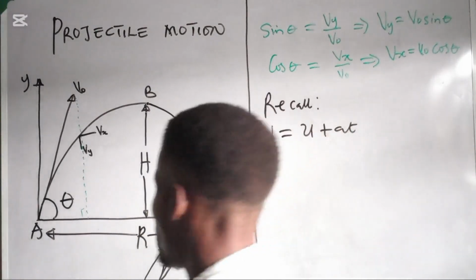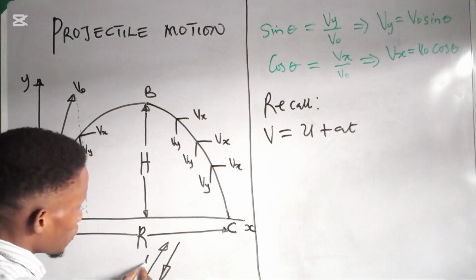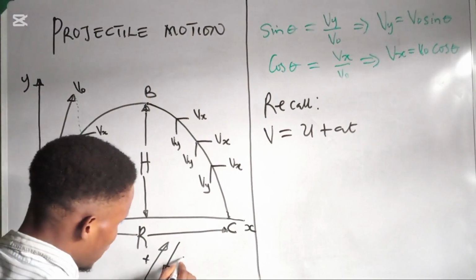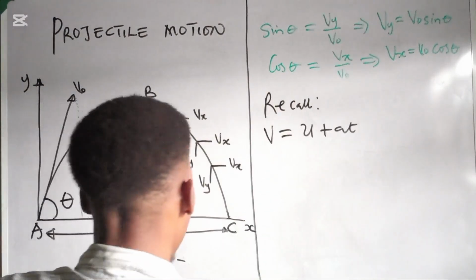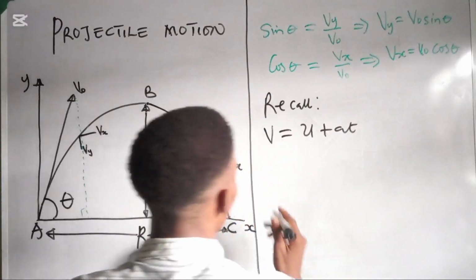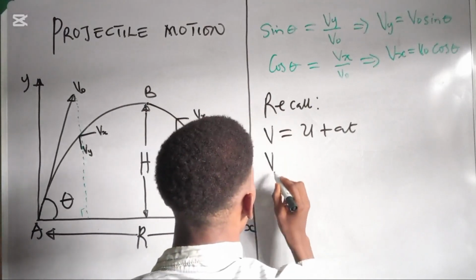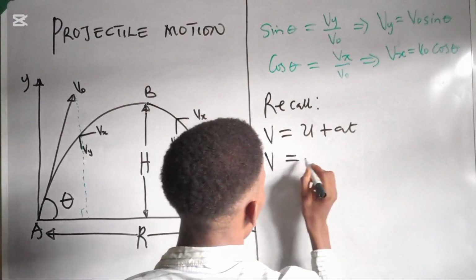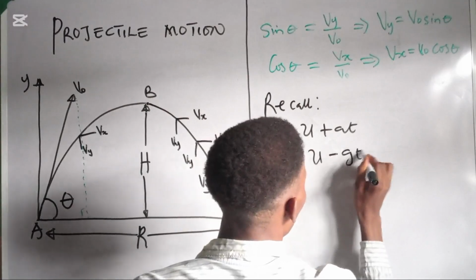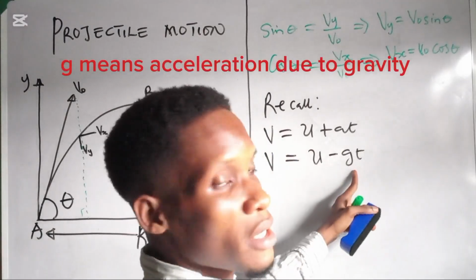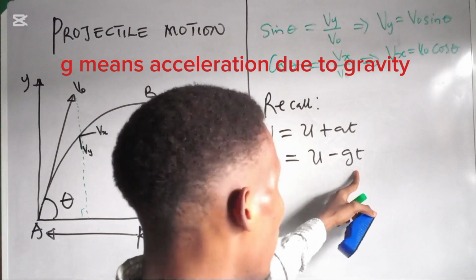When it was going up, gravity was pulling it down, so they are in opposite directions. Because of that, we have V equals U plus or minus GT, where G is the gravitational force.